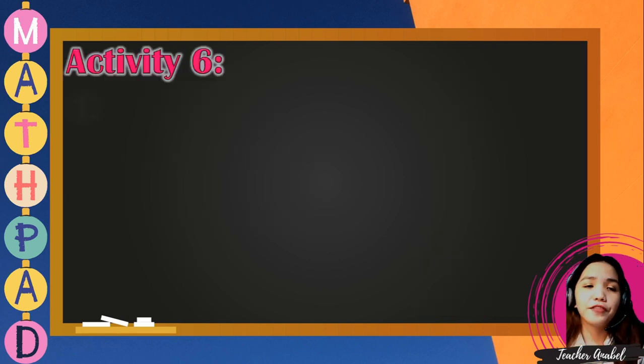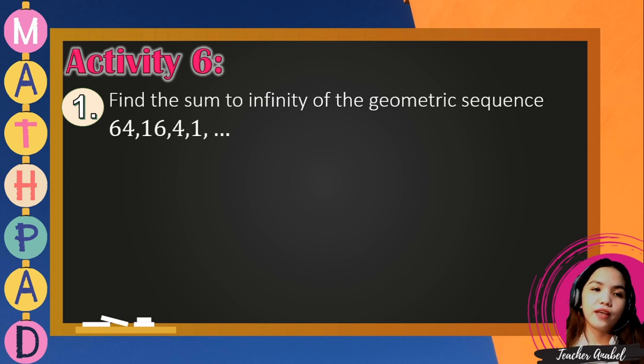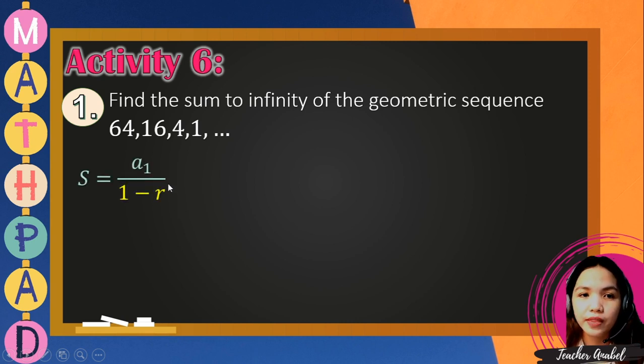So, let us have an example for this. Find the sum to infinity of the geometric sequence 64, 16, 4, and 1. Let us check first the common ratio. 16 divided by 64 is 16 over 64, or in lowest terms, 1/4. And 1/4 is less than 1. Therefore, we can use the formula. Now, let us substitute.